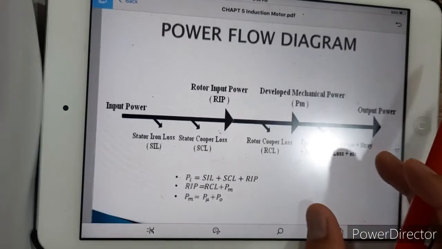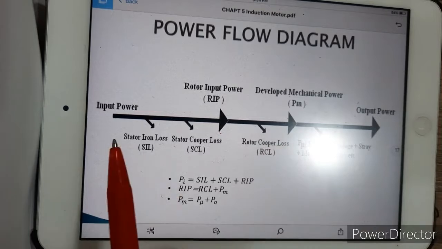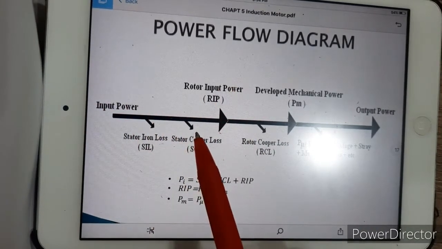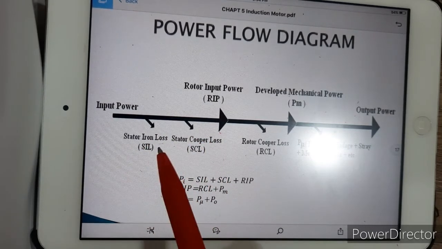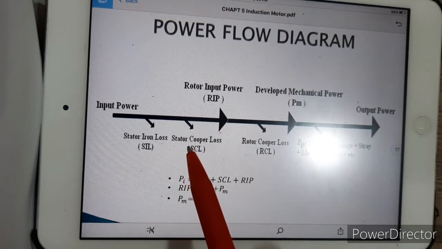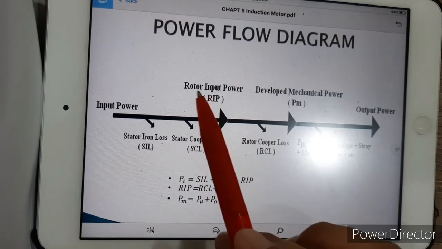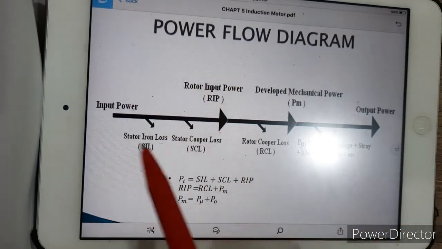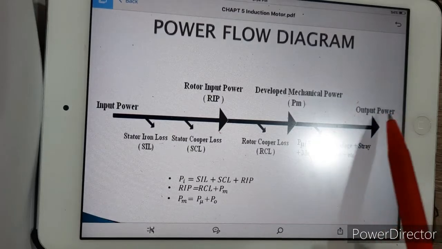So next is the power flow diagram. We start with the input power P in, and then of course we have losses. Firstly the stator iron losses, which we call SIL, and then the stator copper losses. And then we have the rotor input power. This is on the stator part, and this one is on the rotor part, and then we have the output power.